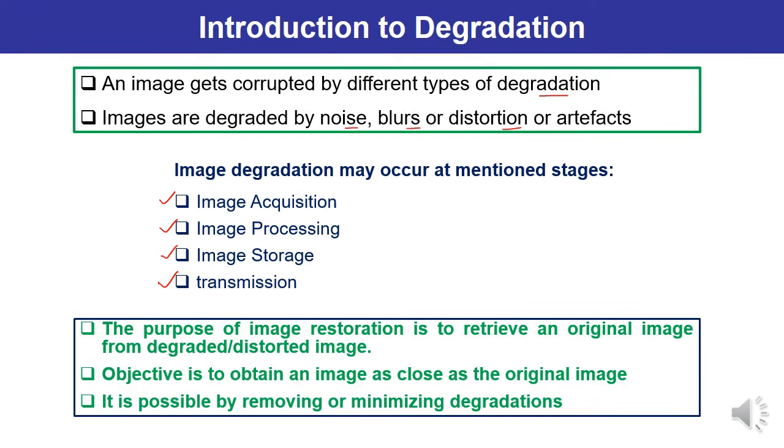So the purpose of image restoration is to retrieve an original image from the degraded or distorted image. And here the objective is to obtain an image which is as close as possible to the original one.